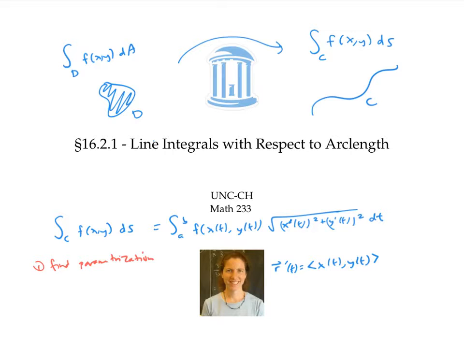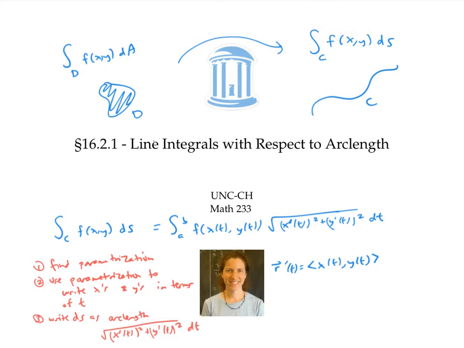And I stated, but didn't prove, that it doesn't matter which parameterization you use. Then you use that parameterization to write all your x's and y's in terms of t. Then you substitute in your arc length factor for your ds. Now that everything's just in terms of a regular integral in the variable t, you can integrate.